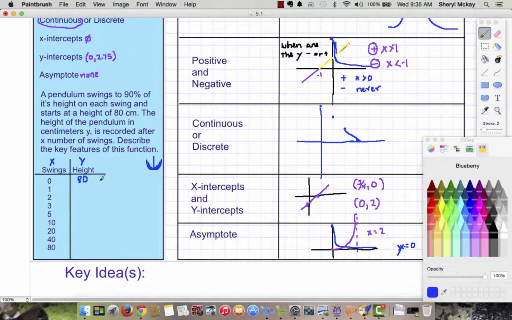So what's 90% of 80? Go ahead and figure that out. Did you figure out that it's 72? Now, feel free to use your calculator. Don't ever feel like you can't use a calculator. Now, at the second swing, it has to be 90% of 72.